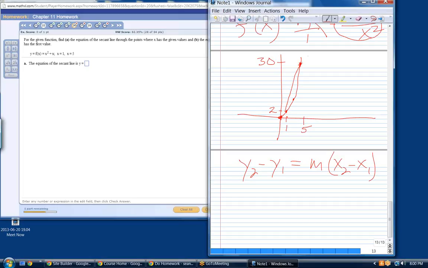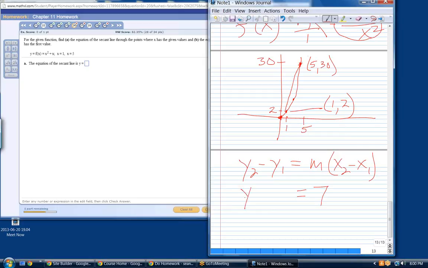What's our slope? This point, let's label this point 5 comma 30. Let's label this point 1 comma 2. So what's our slope? So the 28 divided by 4 is 7. We'll pick one of the points only. We'll pick the lower one because the math is easier.